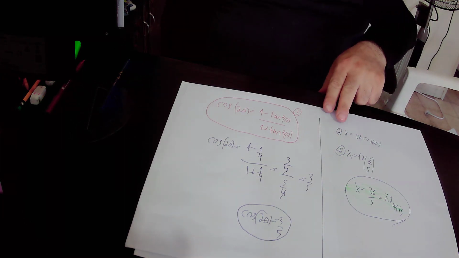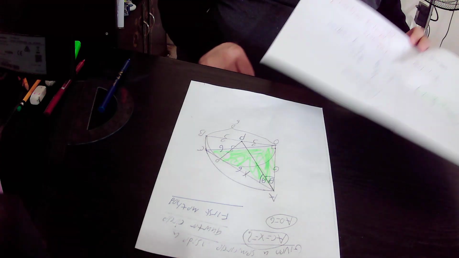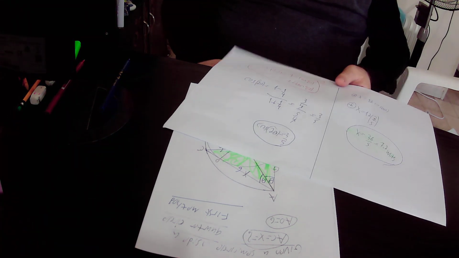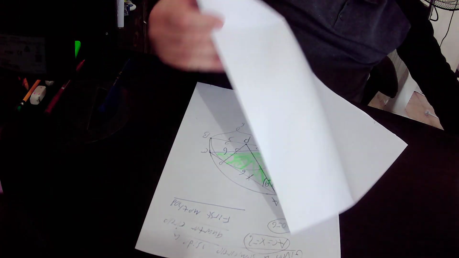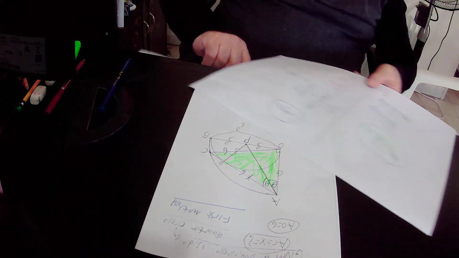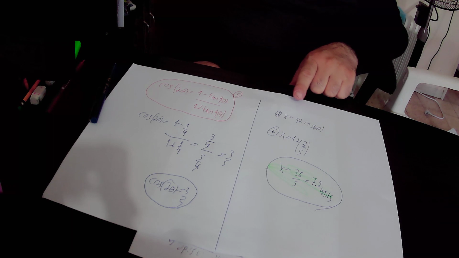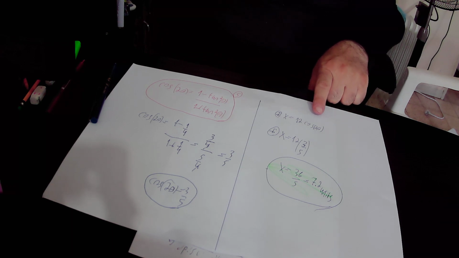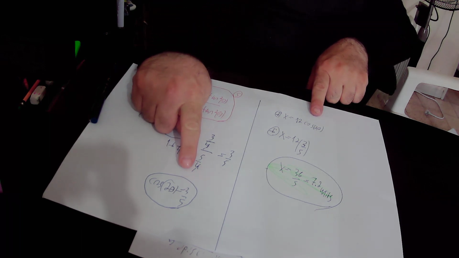Now we can substitute cosine 2 theta in equation number 1 by 3 over 5. Okay, we found that x equals 12 times cosine 2 theta, and we just found that cosine 2 theta equals 3 over 5, so we can substitute.